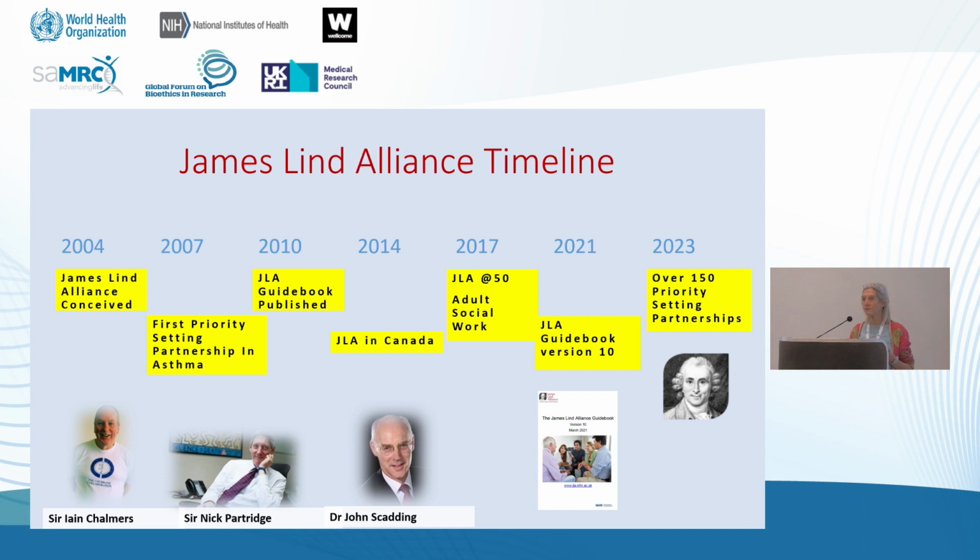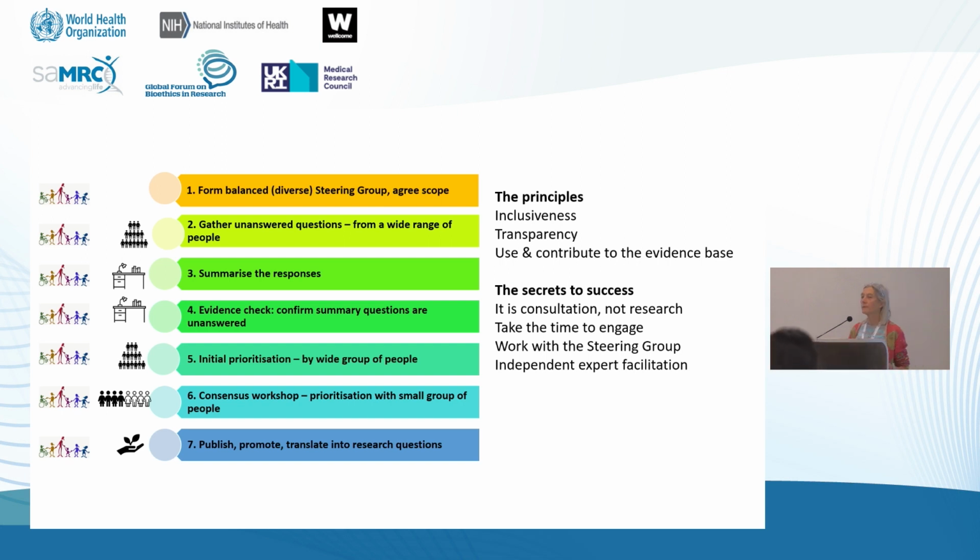They keep the website alive, they keep correcting the guidebook, updating it as we develop, and they train James Lind Alliance advisors, and they also work with potential priority setting partnerships to get them ready to actually do the James Lind Alliance method. So what's not shown on here in the process diagram is the amount of preparation that actually goes into actually just starting it. So there's a lot of prep work.